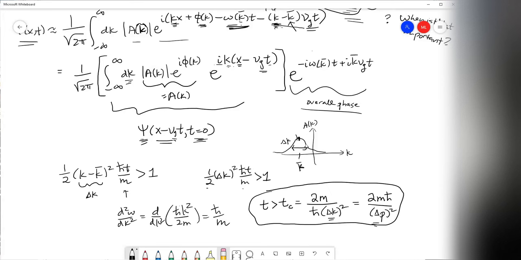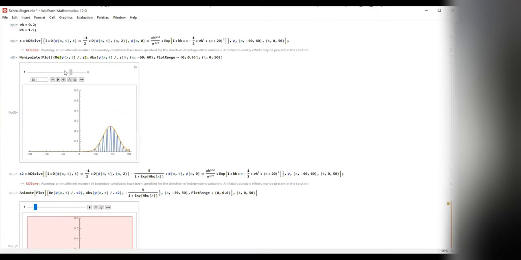Or if you want, the initial spread of this guy, that's when the approximation breaks down. And you can see that in the little example, right? In this example, basically when you start off with this bump, for a short time, it maintains the same shape, and that's the stationary phase approximation.